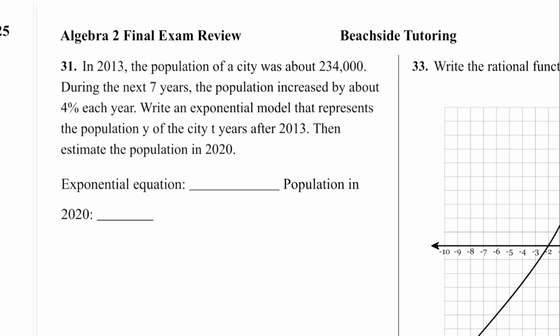So let's talk about what an exponential function looks like from inception. So we are going to have y equals a times 1 plus the rate raised to the t value. Now, the first initial population is going to be this value here. Some textbooks use different variables. I'm just using a here.